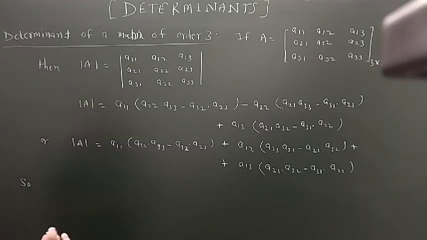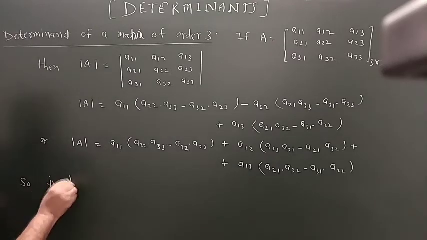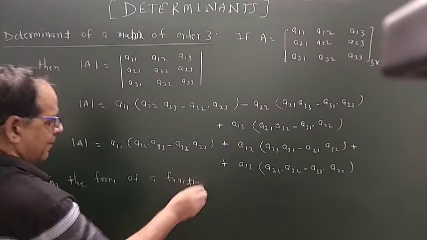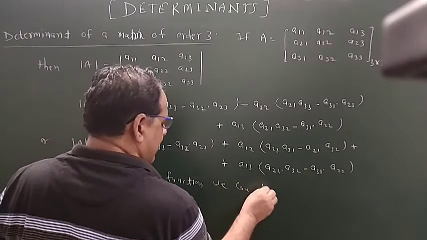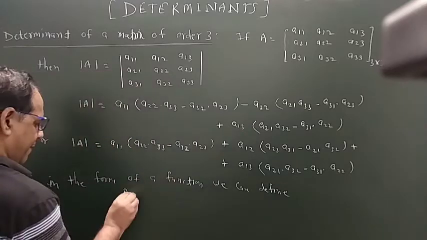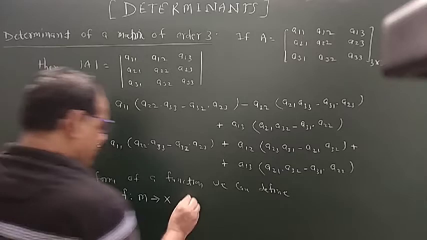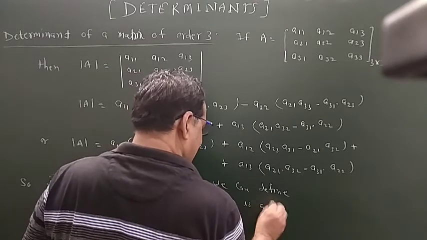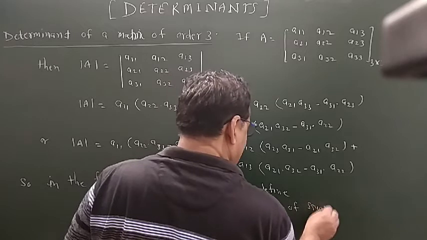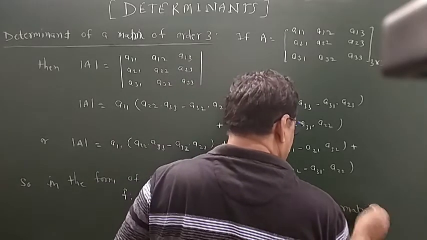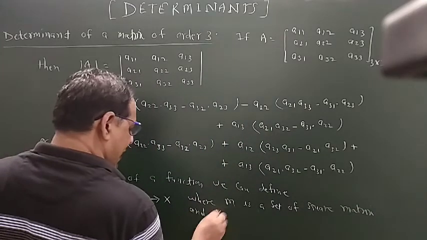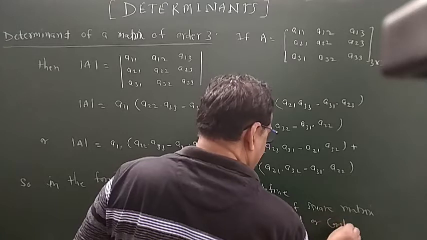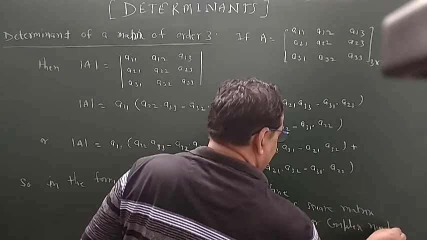The determinant is defined as a function, so in the form of a function we can define f: M to X, where M is the set of square matrices and X is the set of real or complex numbers.